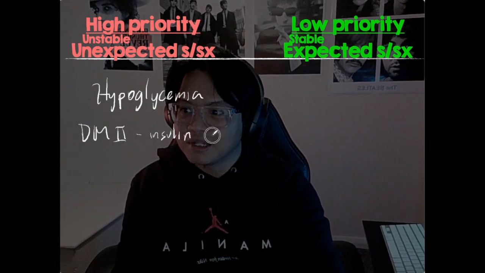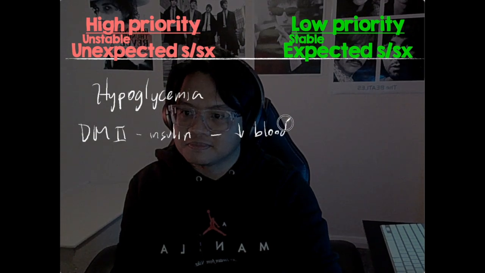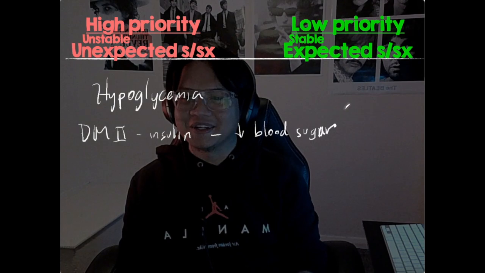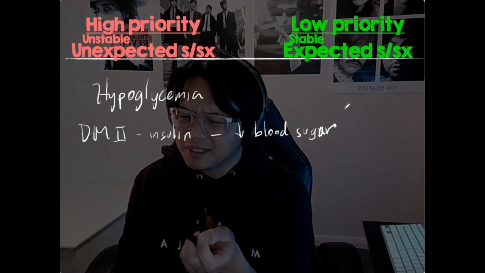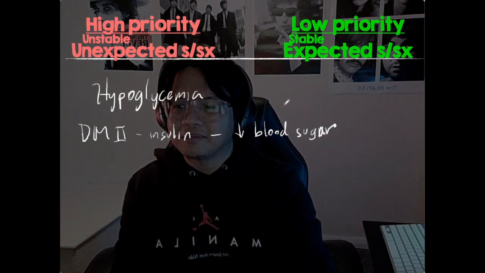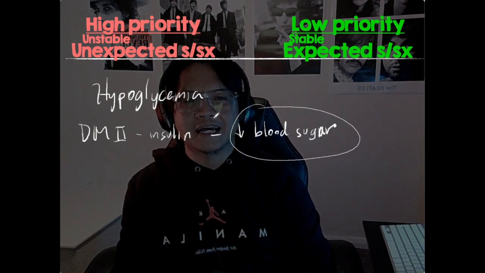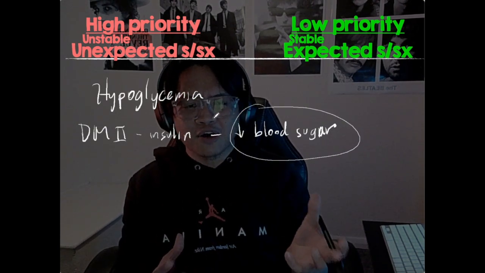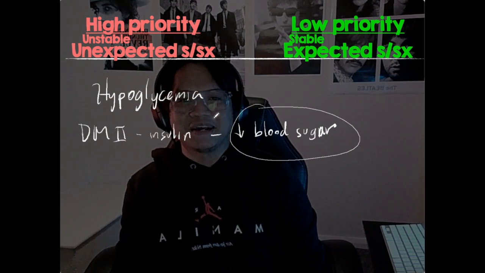Obviously, the patient will experience low blood sugar. Don't use this logic, and don't say, diabetes mellitus patient, I've administered insulin, the patient has not eaten, therefore I'm really expecting that patient to have a low blood sugar, therefore I should not prioritize this patient, because that is expected of the patient. Please don't do that if you want to pass your NCLEX.